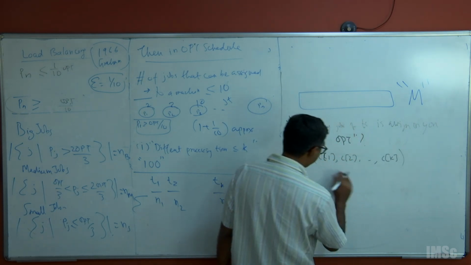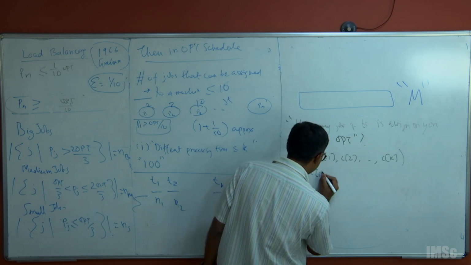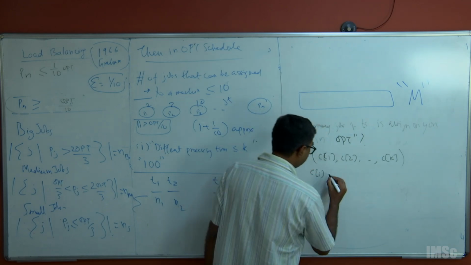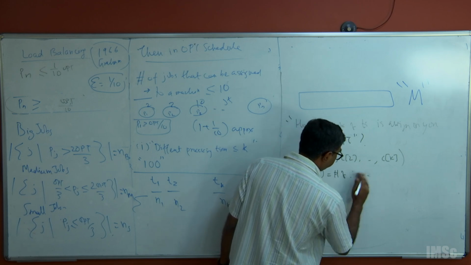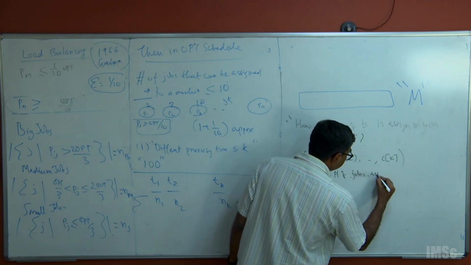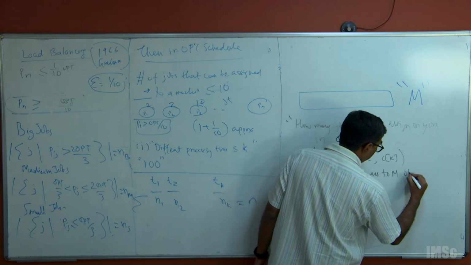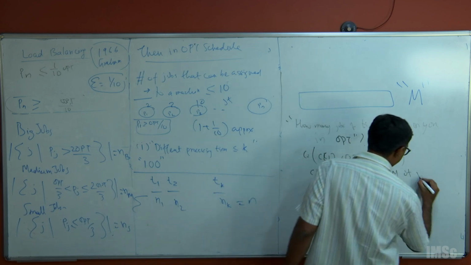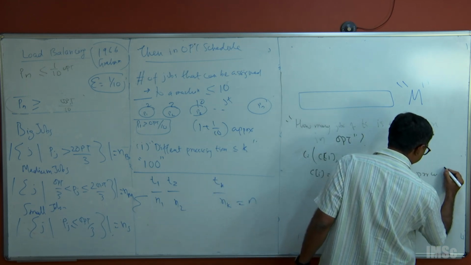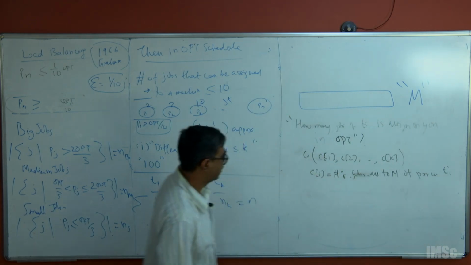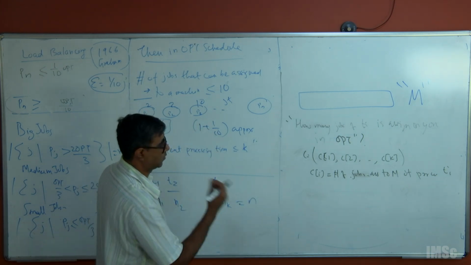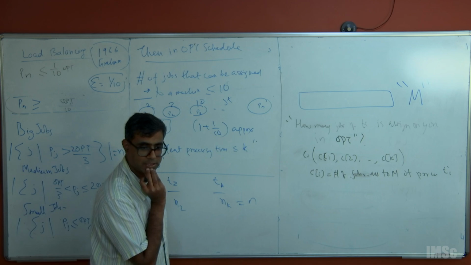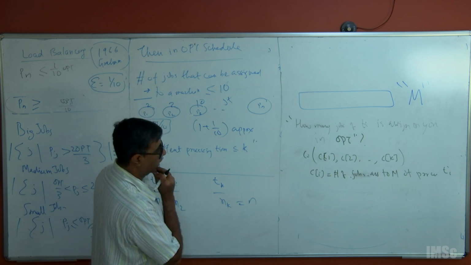And what is Ci? Ci is the number of jobs assigned to M of processing time Ti. Okay? So, Ci could be 0 for all that you care, because maybe there is no job of that type which has been processed on it. Do you realize that? Okay, so this is it.